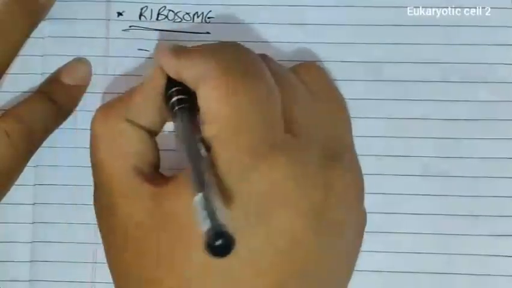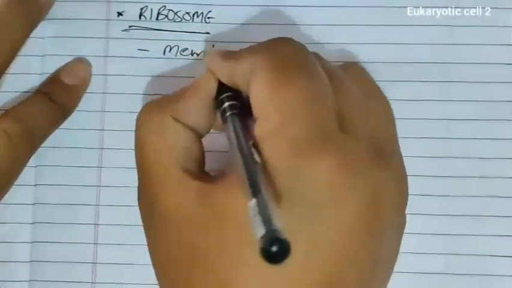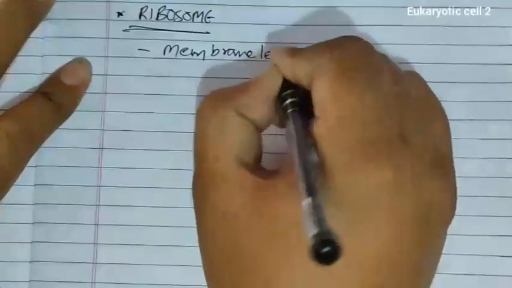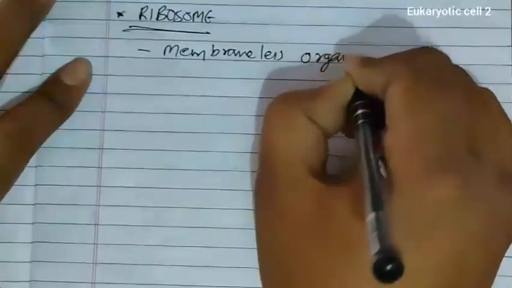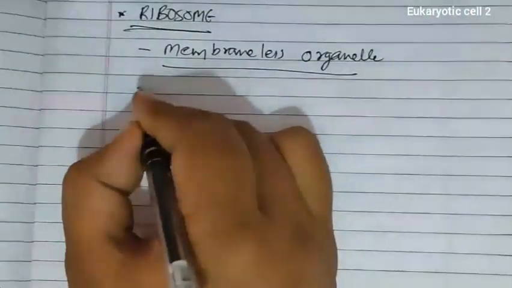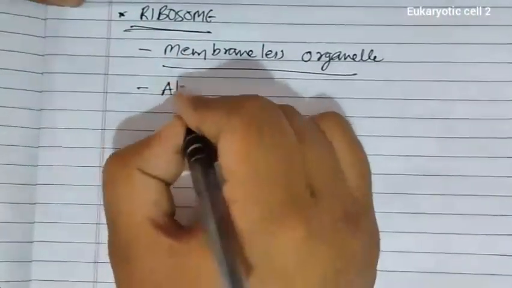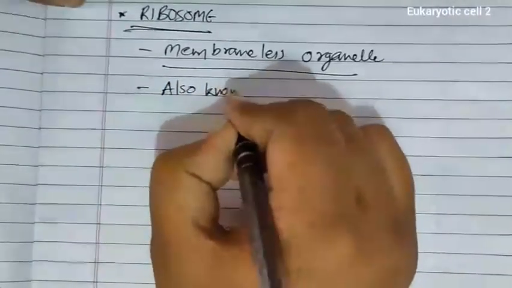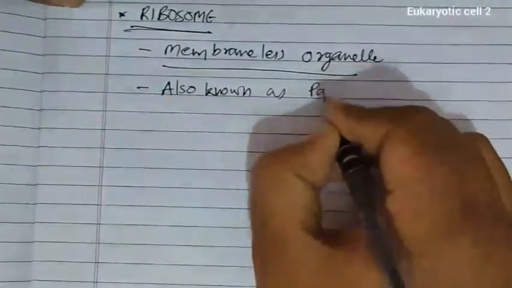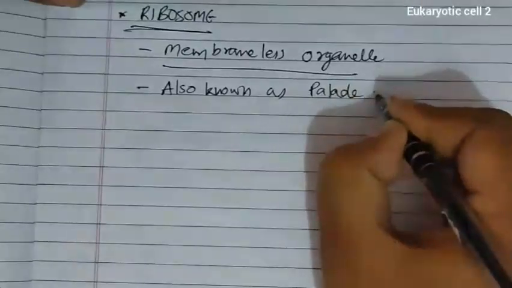Now we talk about the next topic in this lecture, that is ribosome. Ribosomes are membraneless organelles, and ribosomes are also known as Palade particles.